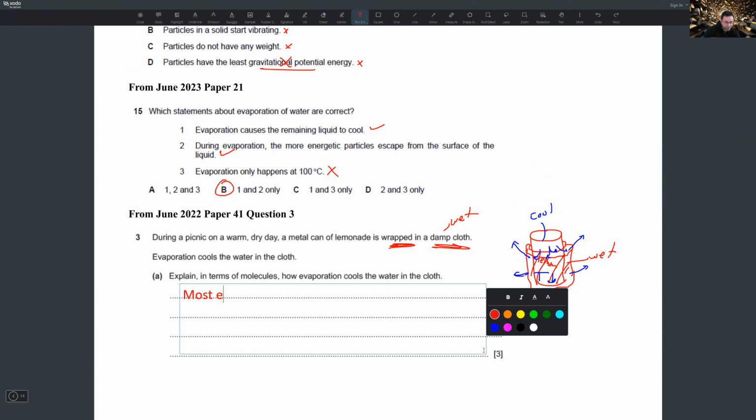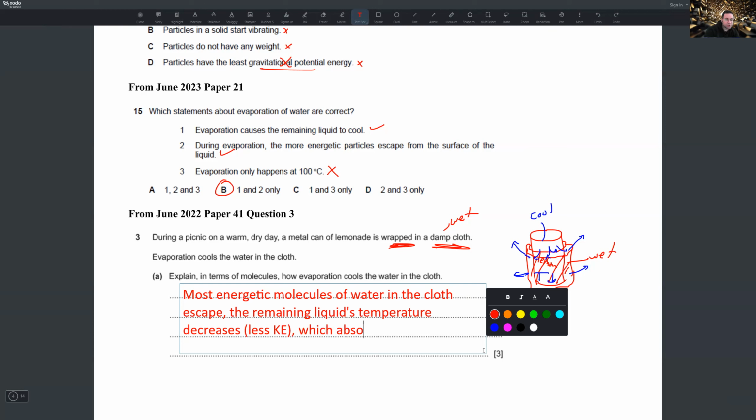When the most energetic molecules of water in the cloth evaporate or escape, the remaining liquid temperature decreases. They have less kinetic energy, which absorbs heat from the air.